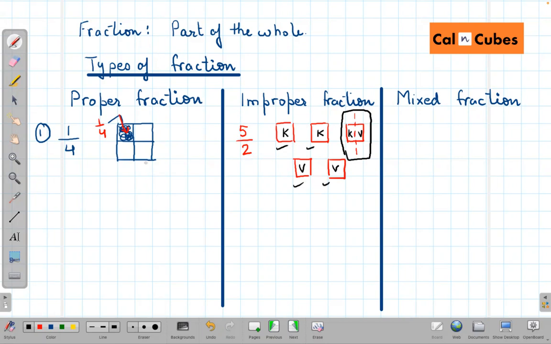See here, only 1 square is divided. But here you will find these are complete squares or complete apples. So this fraction has hidden complete apples. Such fractions are called improper fractions.